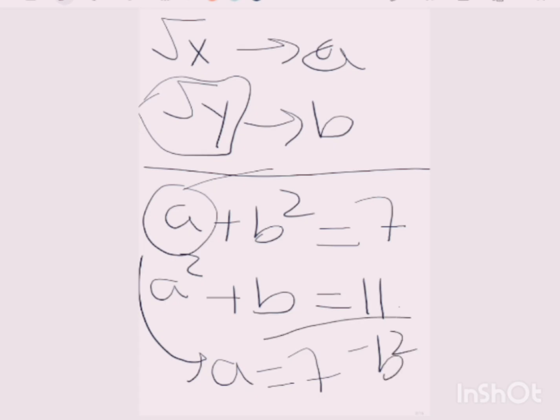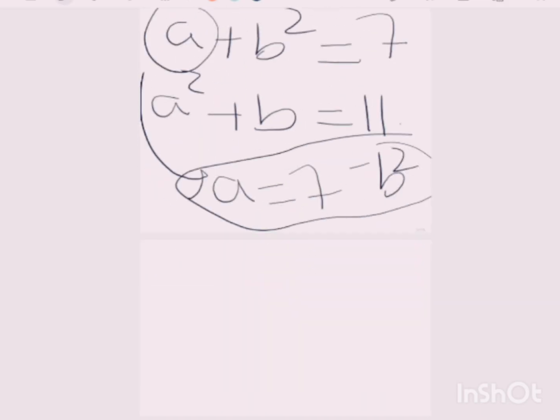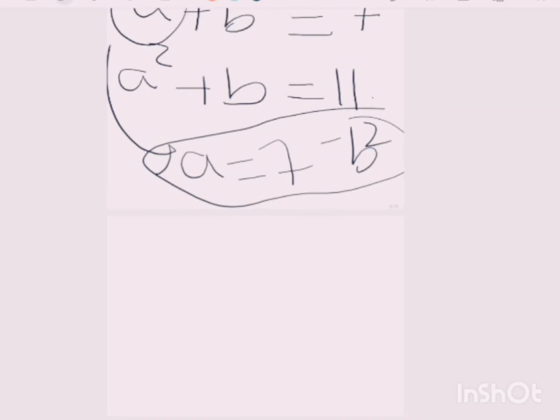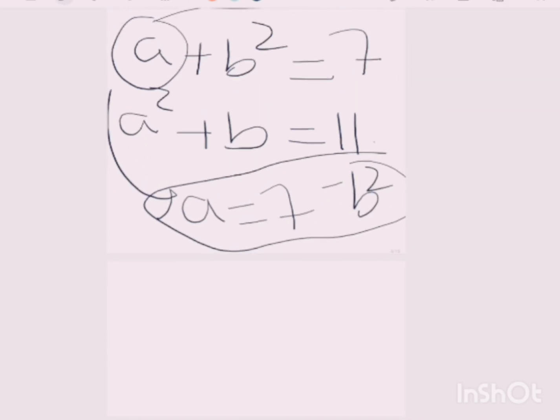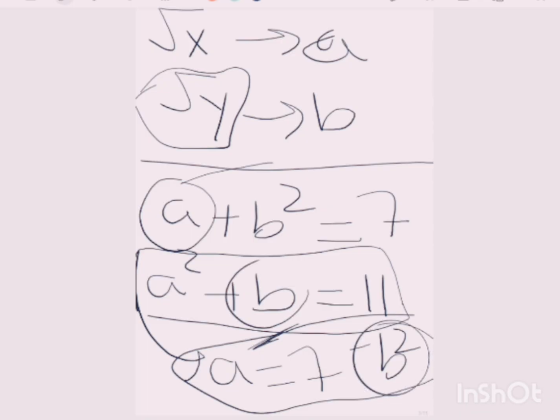Now you guys will think that this question becomes easy, but the problem is still here. When you put this a equals 7 minus b square into the other expression, the power will go to 4, and it will be b square and then b.